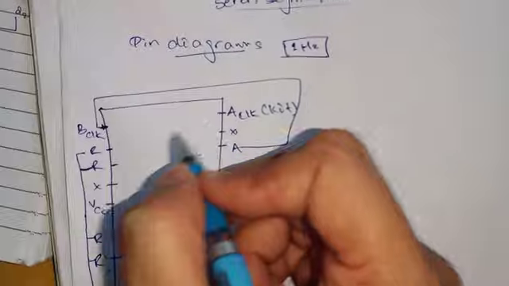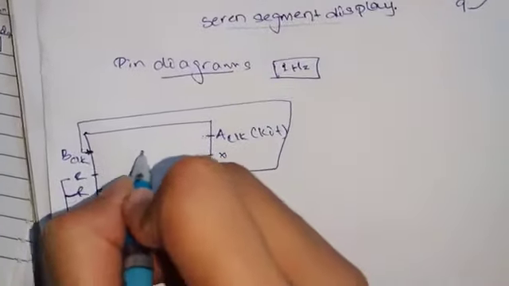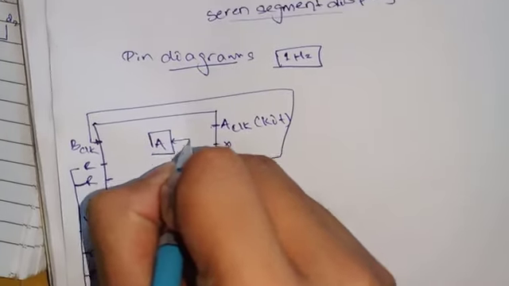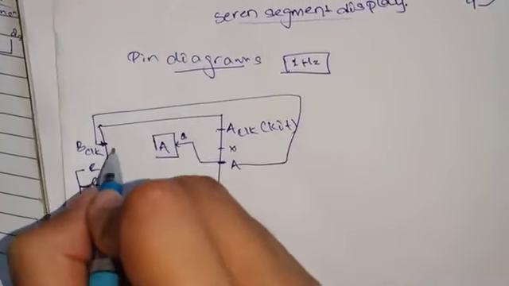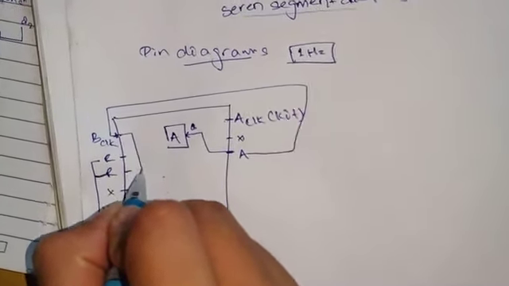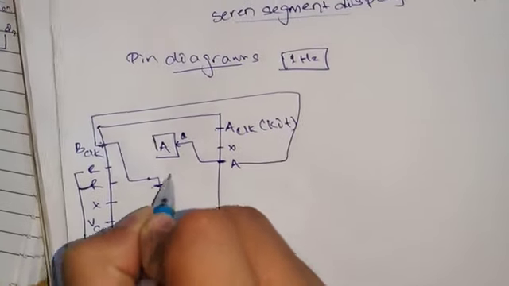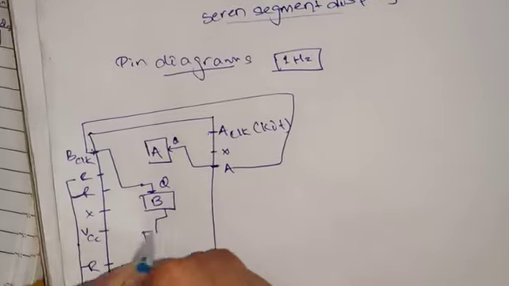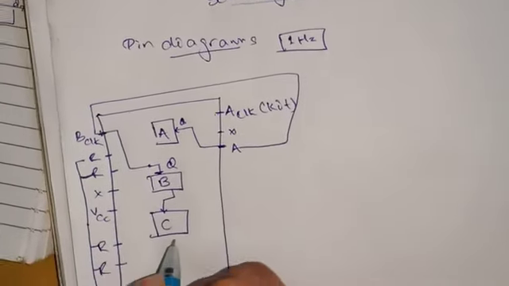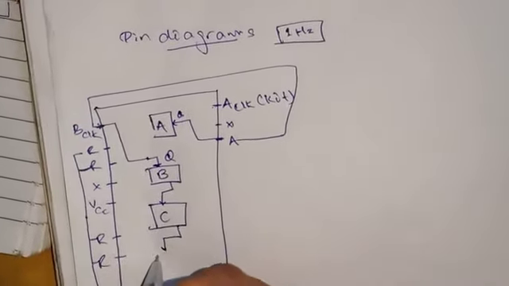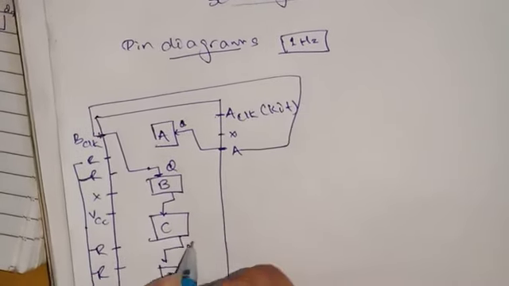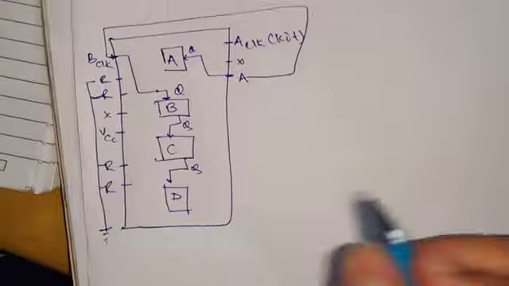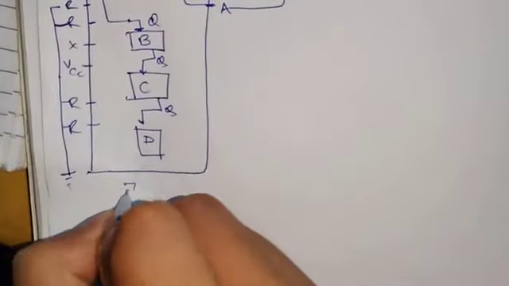Actually, we have a direct clock connection through A, and synchronous connections through B, then C, then D. This is the internal structure of the 7490 IC.